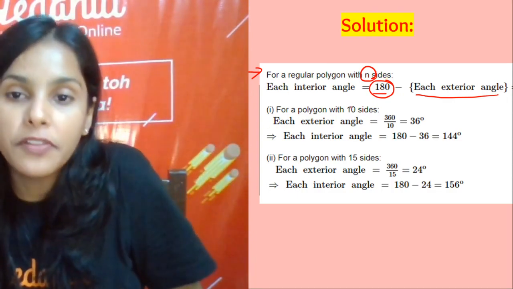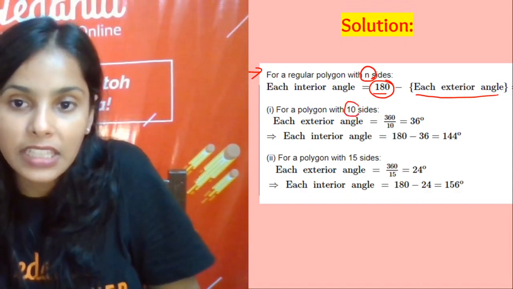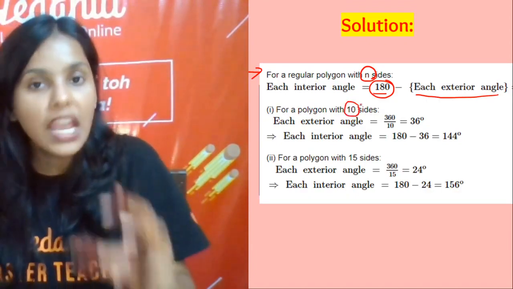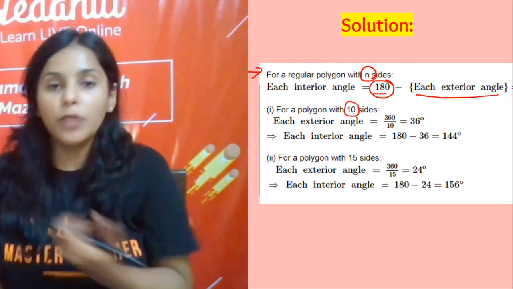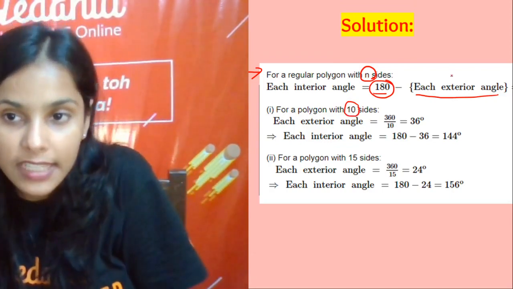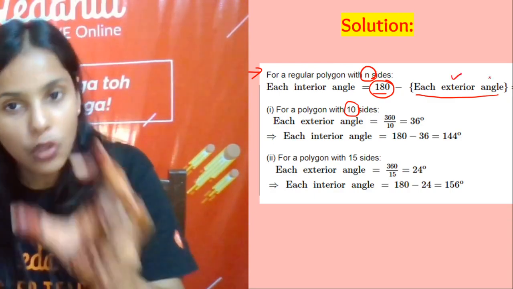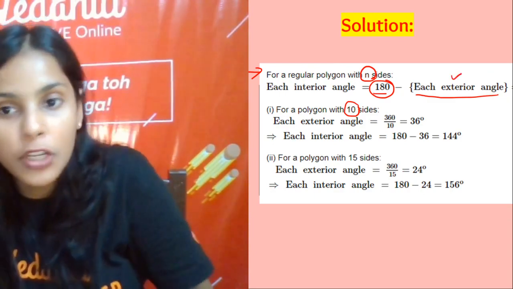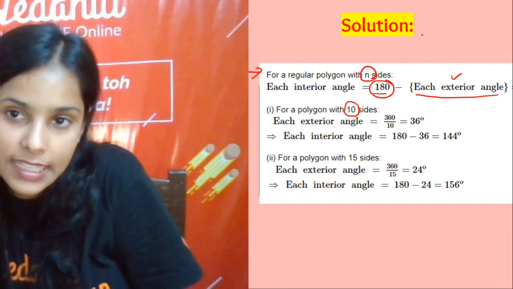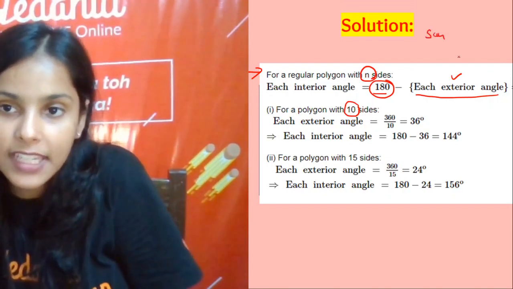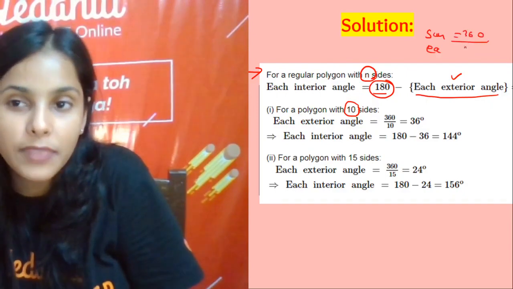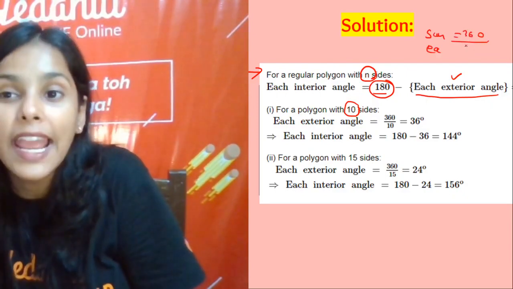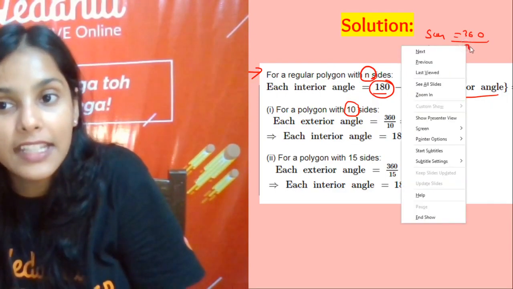First we have a polygon with 10 sides. According to the formula, we need to find each exterior angle of the polygon with 10 sides. We know the sum of exterior angles is equal to 360, so each exterior angle is 360 divided by n, that is 10 here.